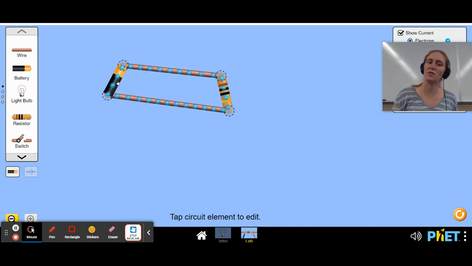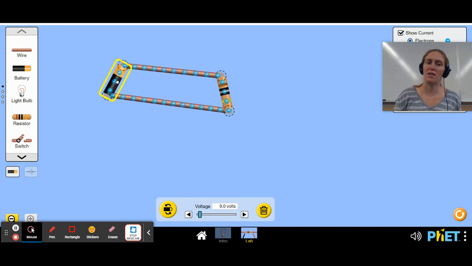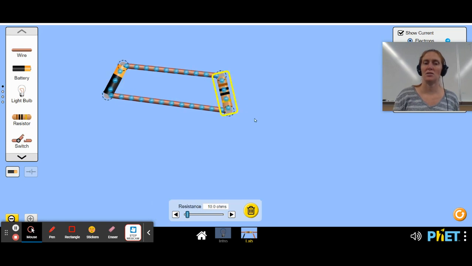So to change the voltage, all I need to do is click on the battery. And once I click on the battery, it'll get a yellow box on it. And I can drag this little bar to change the voltage. And then I can see what happens to my current. I can do the same thing with my resistor. I click on the resistor. I can change the resistance of my resistor and see what that does to my current as well.